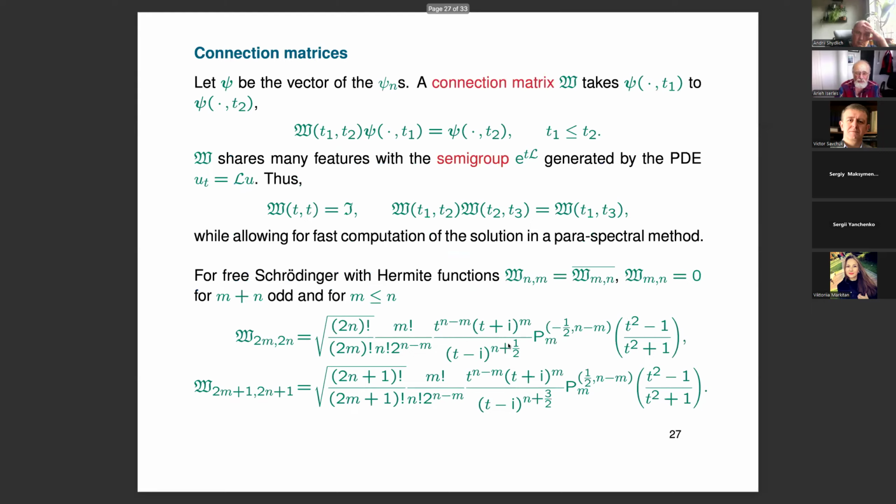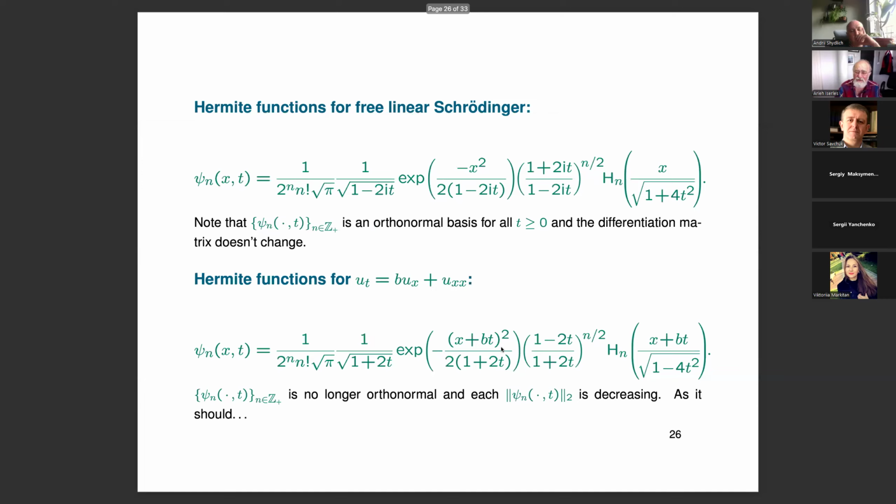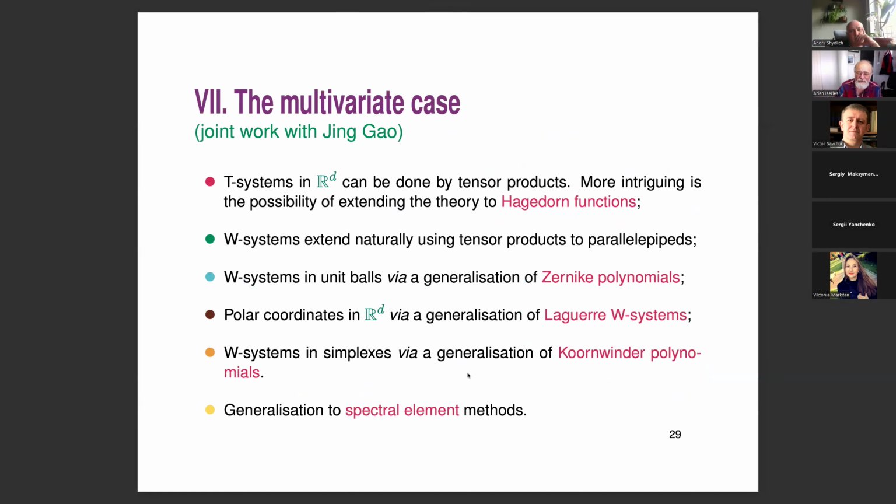Okay, we can do much more. Essentially, instead of solving the free Schrödinger equation, we can do it for any linear operator with constant coefficients on the real line or in space R^d. But I will not go into that. All this generalizes to the multivariate case.